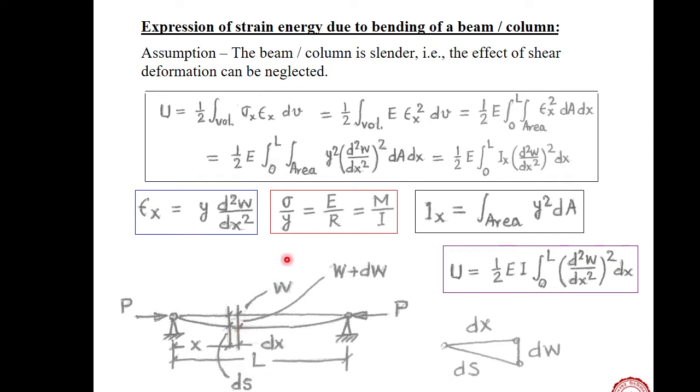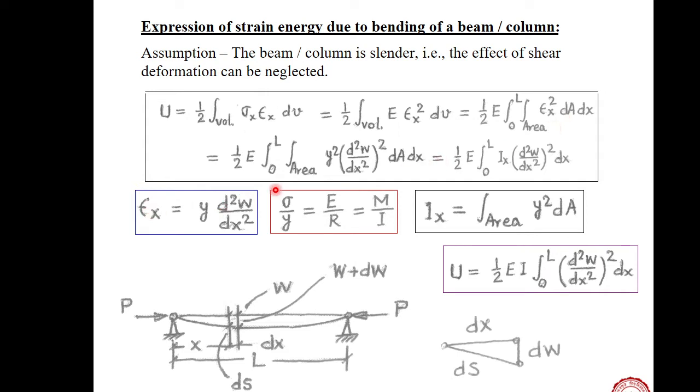Okay. So this becomes y into d2w dx2, the same derivative. So sigma by E is epsilon, epsilon is y into d2w dx2. Okay, that is why this epsilon x squared is now y square into d2w dx2 whole square, right? This is what is substituted.